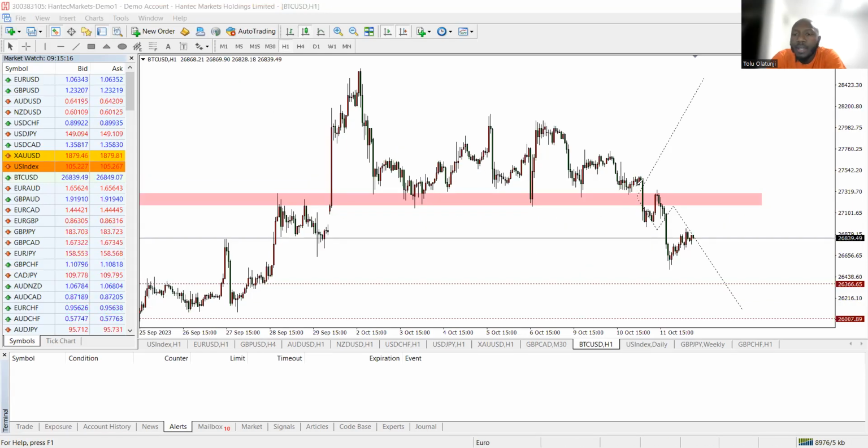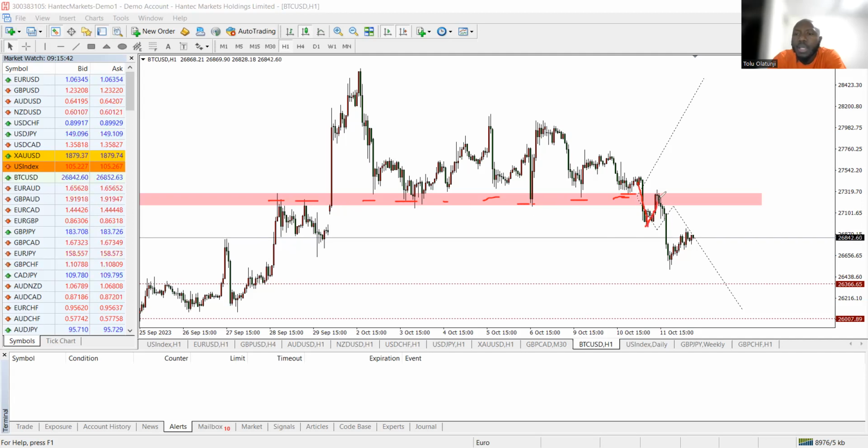We talked about the fact that this area acted as resistance, then support, support, support. I hope you're not getting tired or bored of hearing support, resistance, but that is my own trading strategy. And then remember we said, if this doesn't act as support, we're expecting it to break, and this place should then act as resistance based on it being a flip zone.